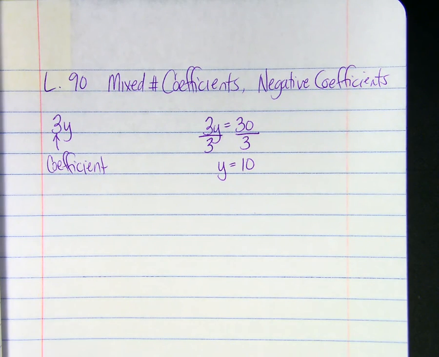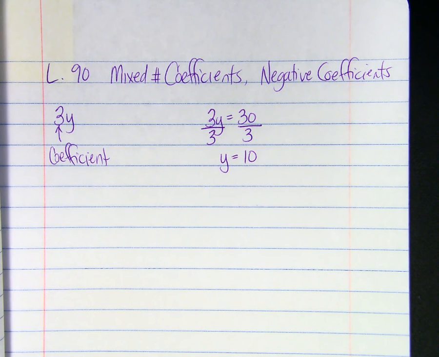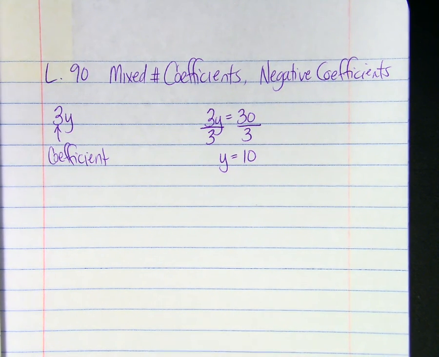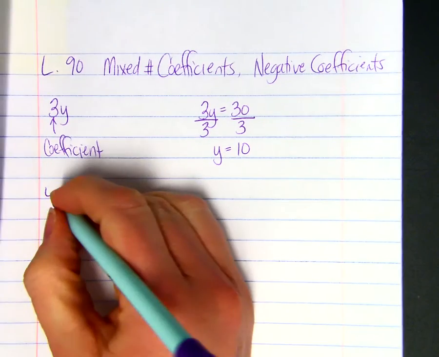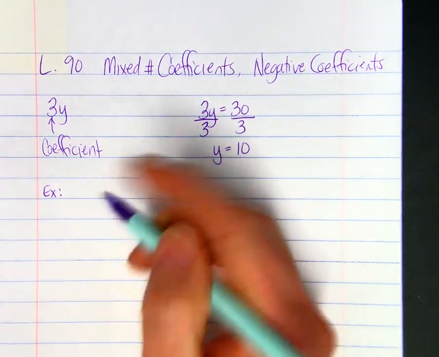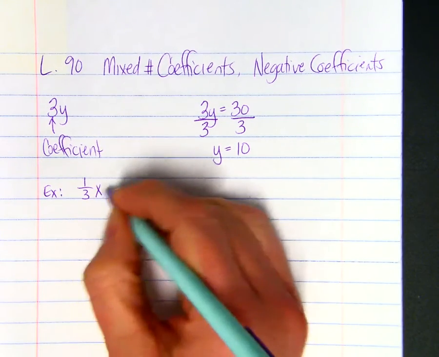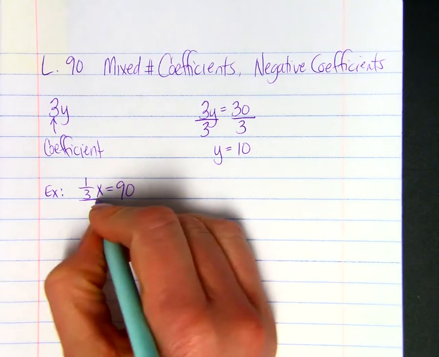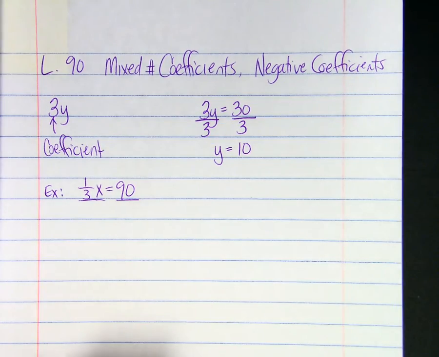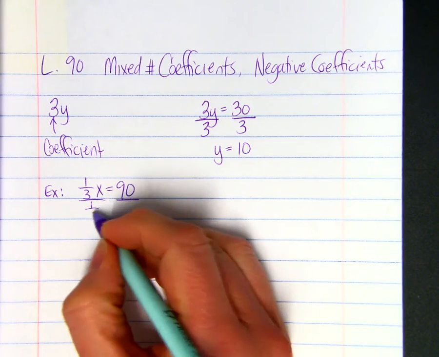Today we're going to talk about what to do if we have mixed number or fraction coefficients, or if they're negative. And it's pretty much the same thing. So here's an example. If we had 1/3 of x equals 90, we do the same thing. We draw a line under each one, divide by the coefficient of x, which is 1/3.